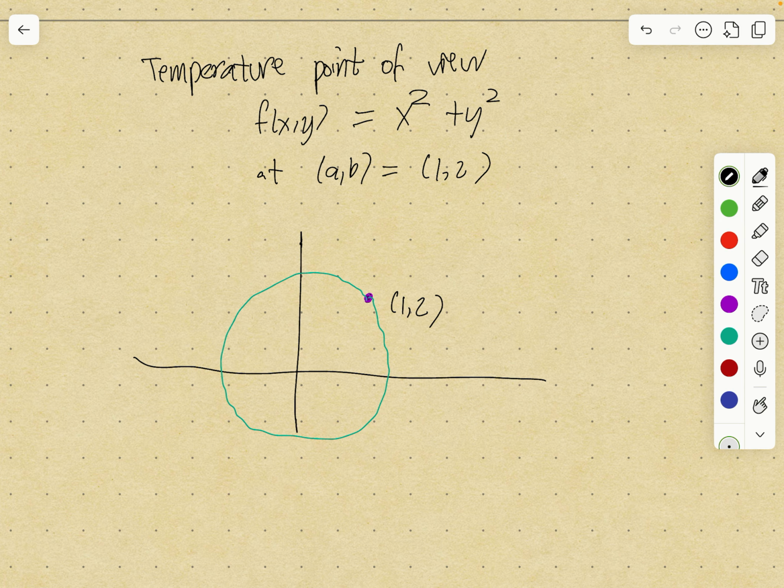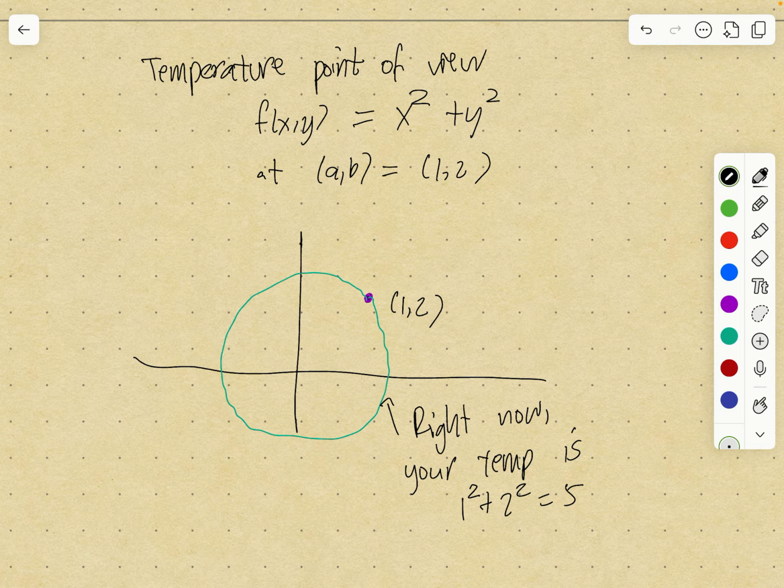Right now, your temperature is 1 squared plus 2 squared, which is 5. So we're thinking of f of x, y as the temperature at x, y. And you want to move in a certain direction that will make the temperature go up the fastest, that will make your rate of change of temperature the largest.